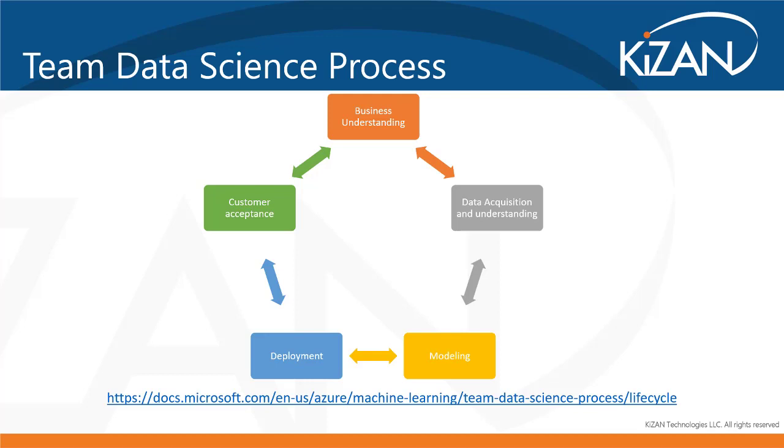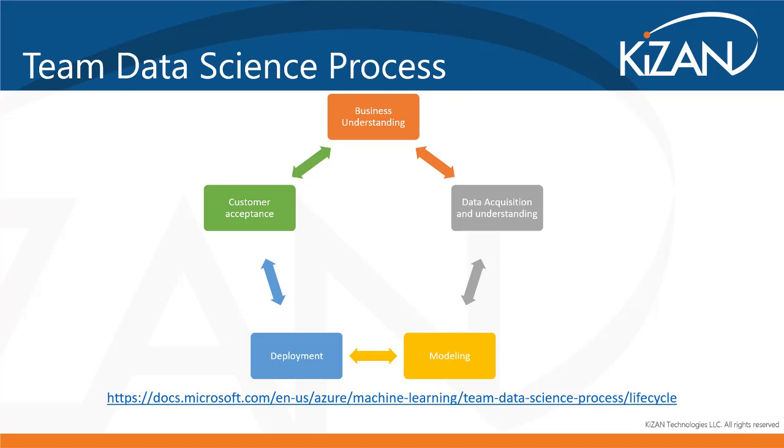The goal is to help companies fully realize the benefits of their analytics programs. This methodology, at a high level, is similar to the cross-industry standard process for data mining, or CRISP-DM, as well as the knowledge discovery in databases, or KDD. Both of these are the leading methodologies that have been used by data miners in the past.